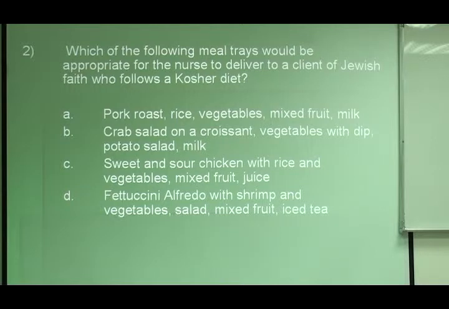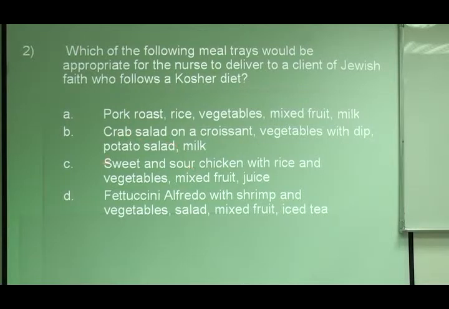They don't eat pork and shellfish. What can they eat? Fish with scales and fins. What else? Meat and milk cannot be eaten in the same meal. Milk, meat, cannot. Milk and seafood, shellfish.